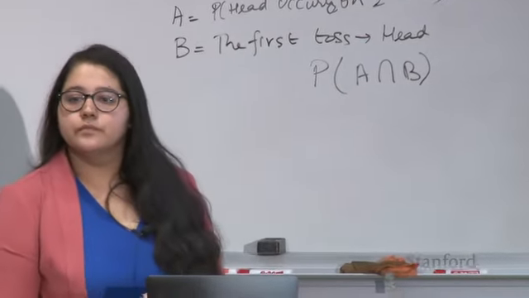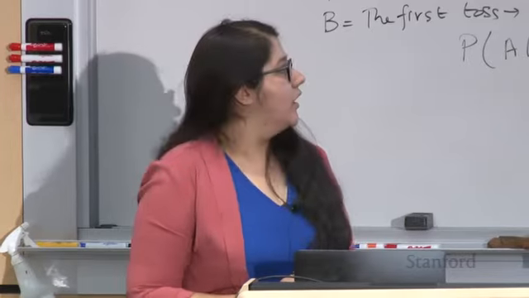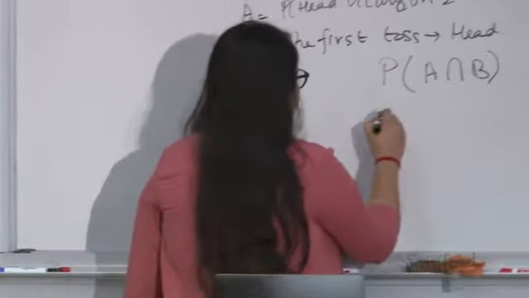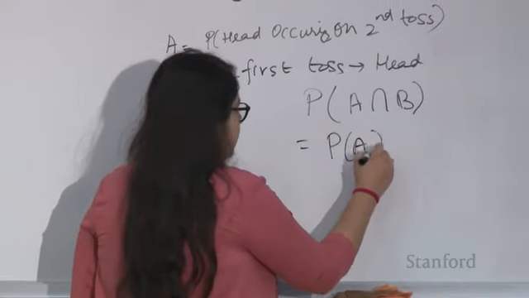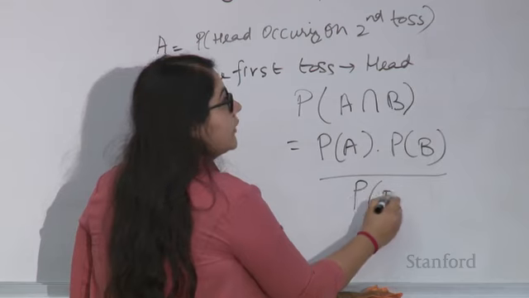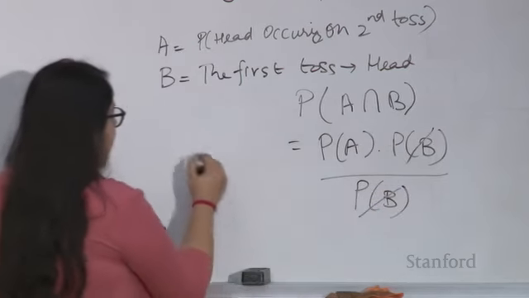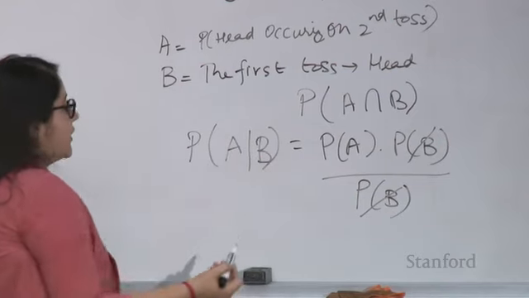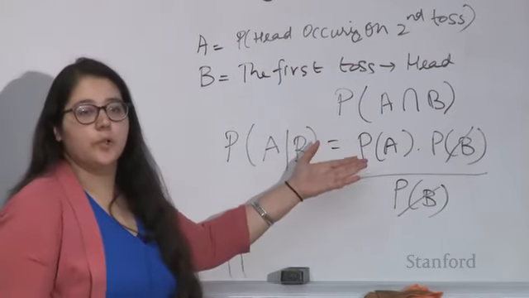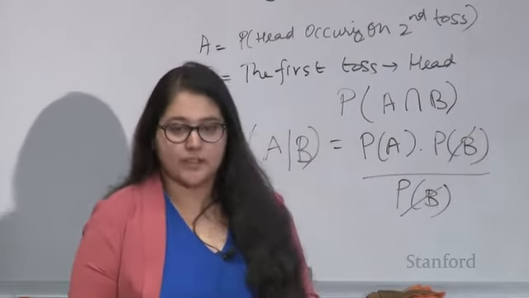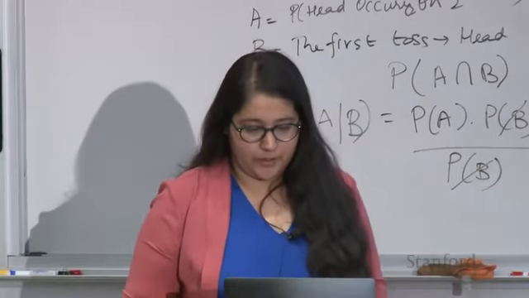Exactly. It will be probability of A times probability of B. So when we divide, we just get that the probability of A, given that B has already happened, will simply be equal to the probability of A in case they're independent. And that makes sense from our definition as well, right?